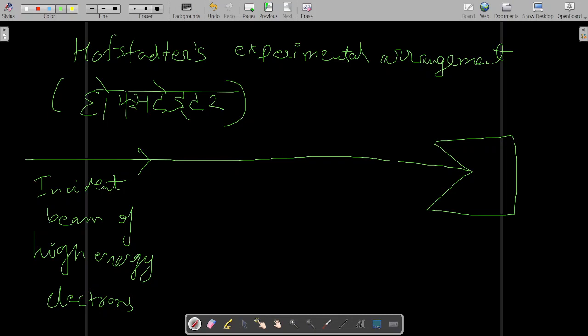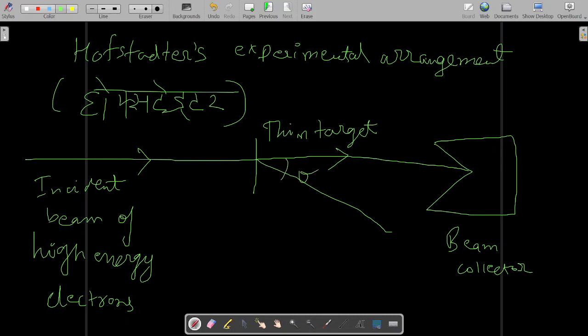There is a very thin target over here, some foil kind of thing. This is your beam collector. Then the beam will go like this, deflected at an angle theta. This is your detector.